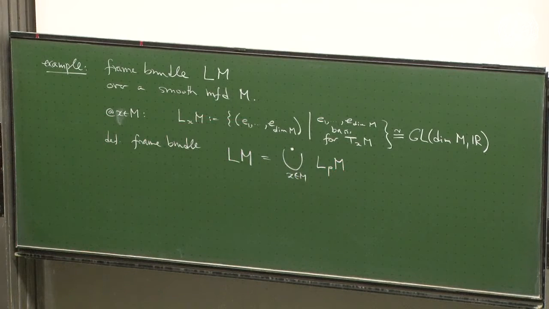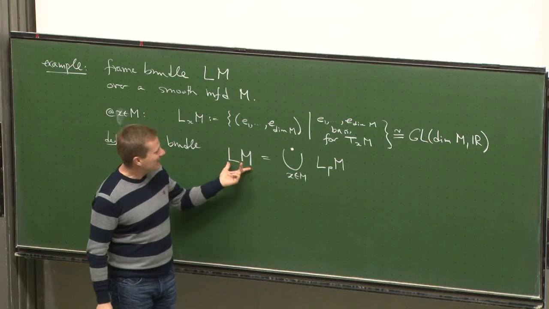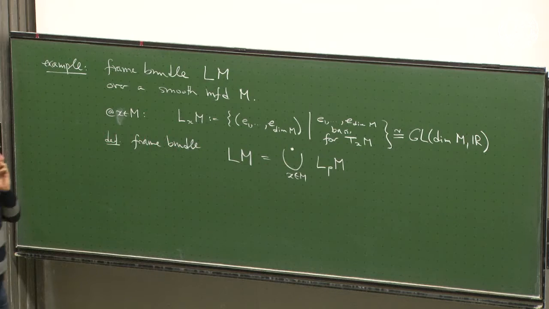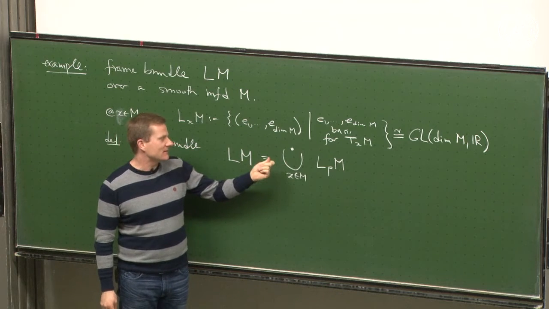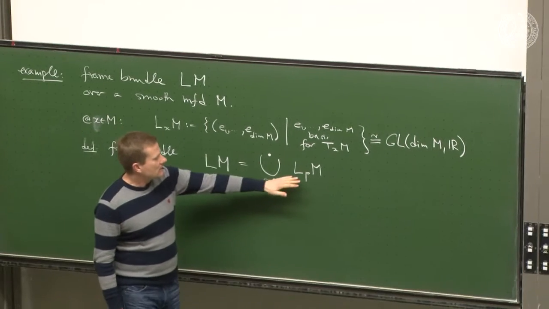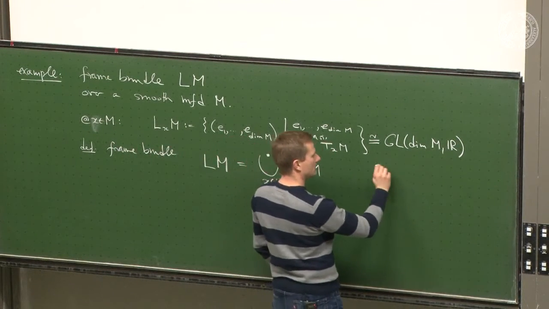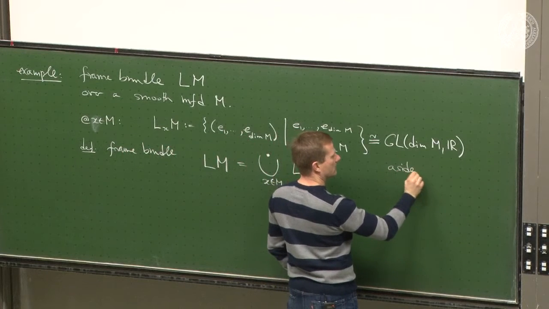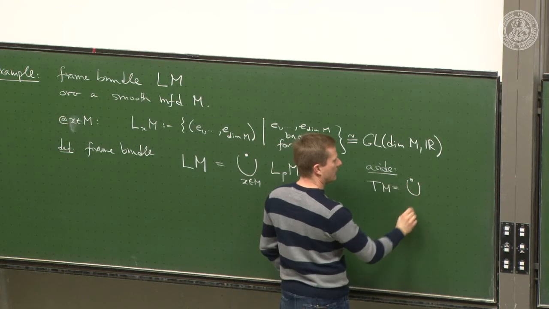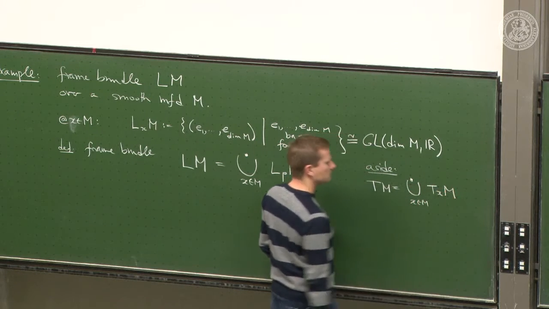Now let me make a comment on this, because there were some questions, I was told, about this kind of disjoint union. This is really the precise definition, and the idea is the following. Go back to the tangent bundle. An aside: we defined the tangent bundle in similar fashion. We had the disjoint union over all the x's in M, T_xM.